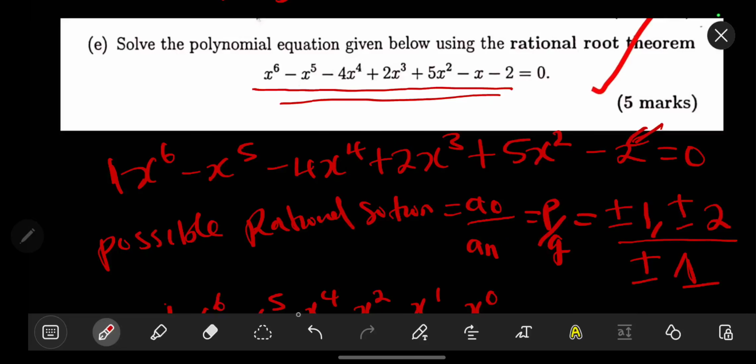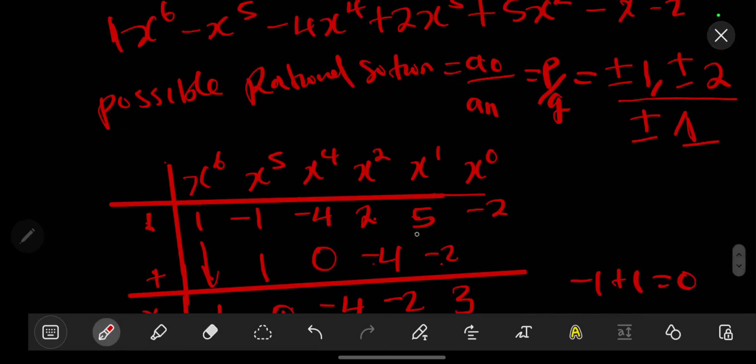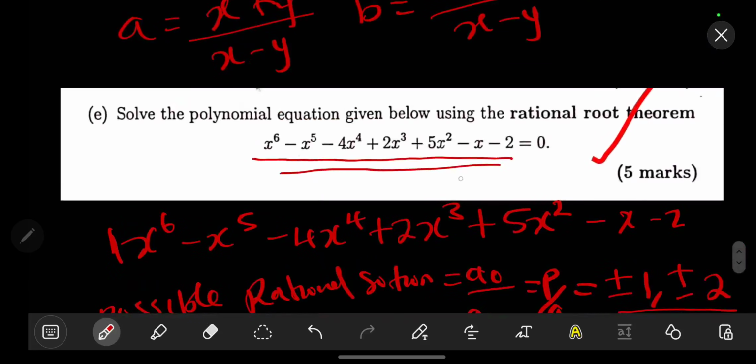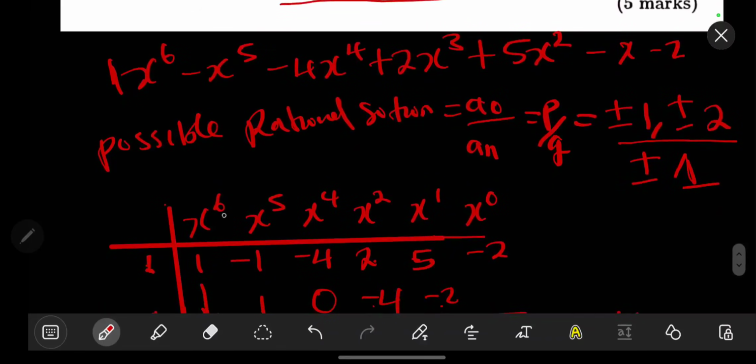We are not forgetting the x in the equation, which is minus x, then we have minus 2. Even here we have 5x squared. How did we do this? 6, 5, 4, 3, 2, 1, 0.